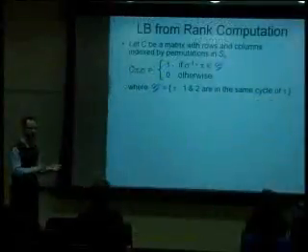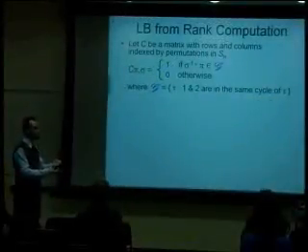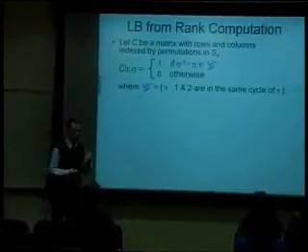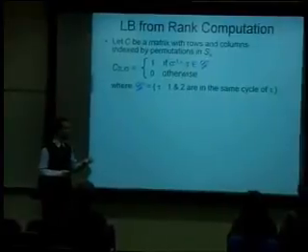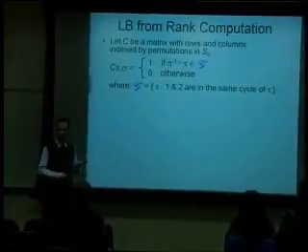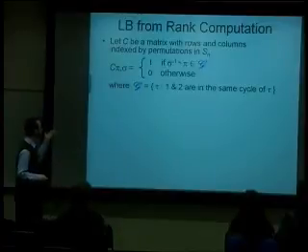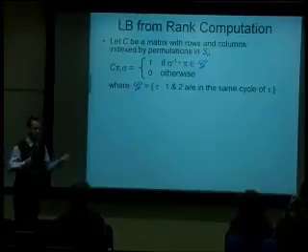Okay, so that's the problem we're looking at. Now, as I mentioned, communication complexity allows you to look at a certain rank computation question. We've got a matrix C, a 0-1 matrix, and its rows and columns are indexed by permutations in Sn. The entries of the matrix are 1 if pi and sigma form a yes instance, and 0 otherwise.